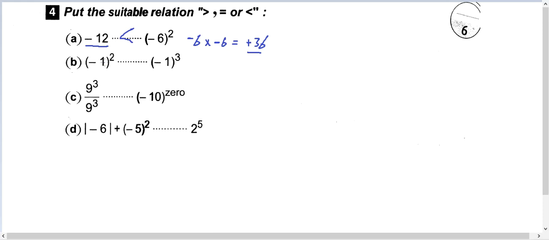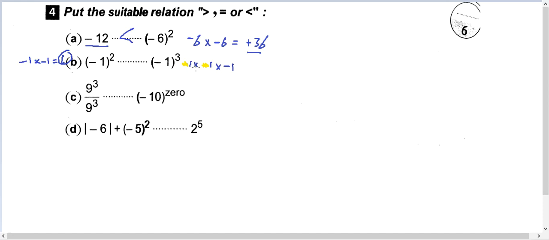Part B, he said negative 1 all to power 2, meaning negative 1 times negative 1 equals 1. And here negative 1 to power 3, meaning negative 1 times negative 1 times negative 1. Here we have negative times negative, which is positive, so we cancel.